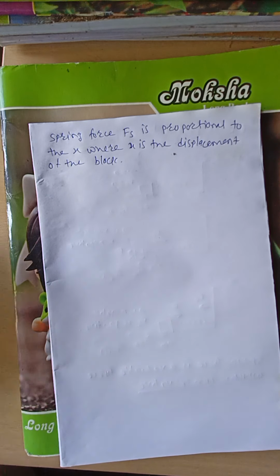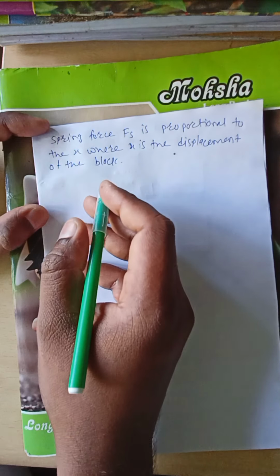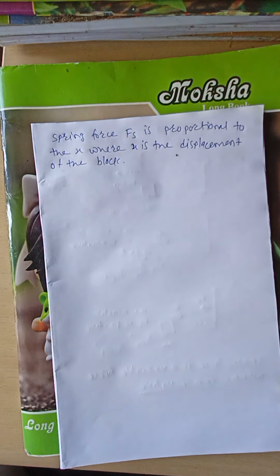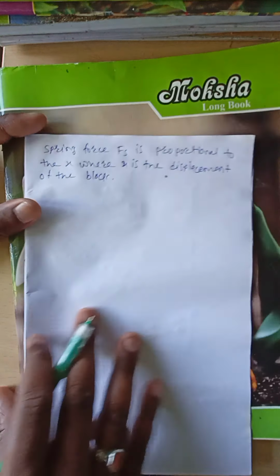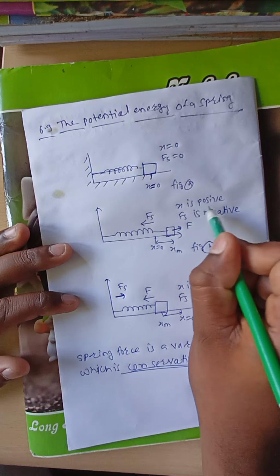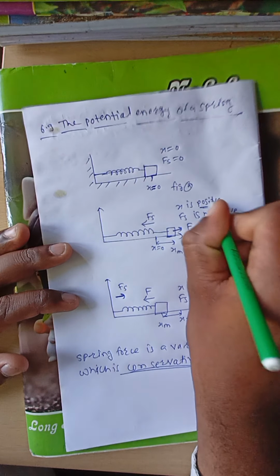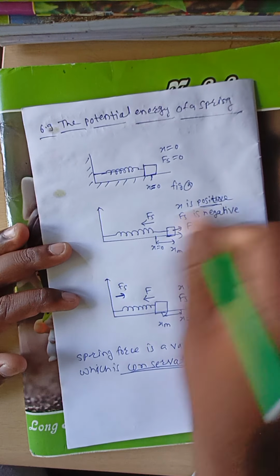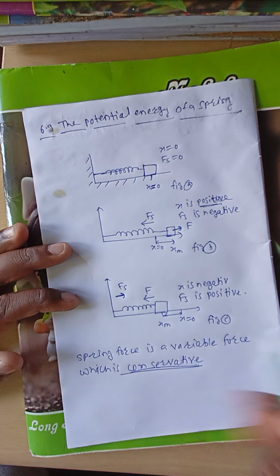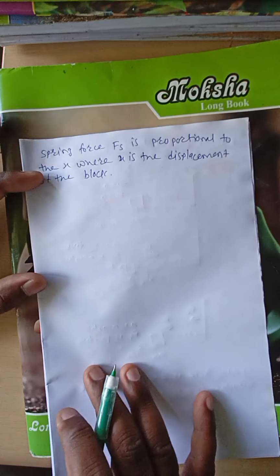When x decreases, the spring force increases. If x is positive, the spring force is negative. If x is negative, the spring force is positive. See here, when x is positive, this direction is positive, and the spring force is negative. When x is negative, the spring force is positive.